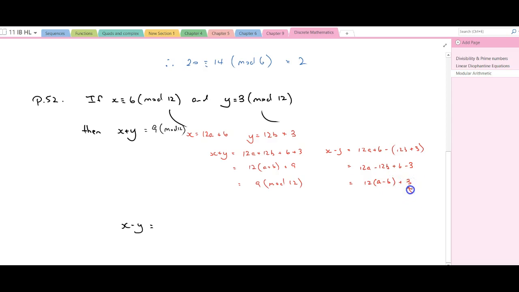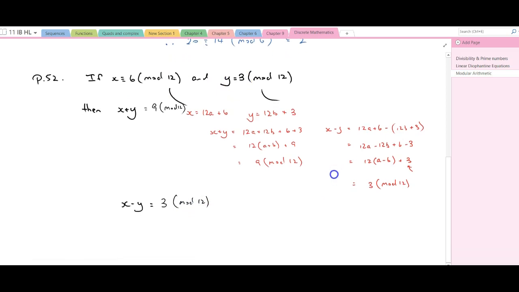So there's my remainder, 3. So x minus y is equal to 3 mod 12, because this is some multiple of 12. We can go back and say x minus y is equal to 3 mod 12, and that is just 6 minus 3. So that's a nice little result.